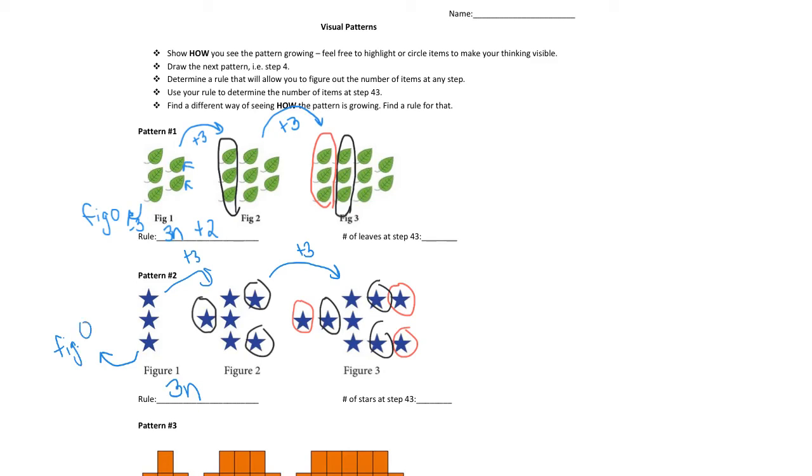And if our rule is plus 3 to move from 1 to 2 and then 2 to 3, we know it has to be minus 3 to move to figure 0. Well, if we start with 3 stars and we take 3 away, we're left with no stars. So our rule is only 3 n.